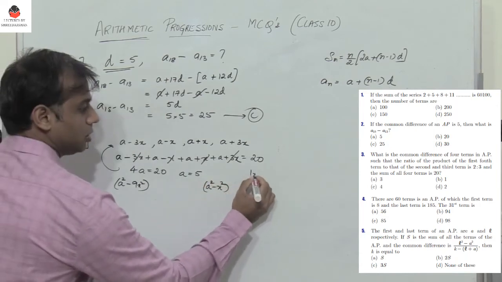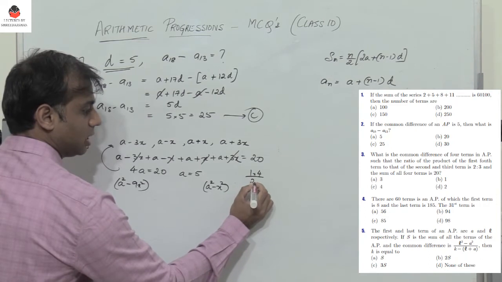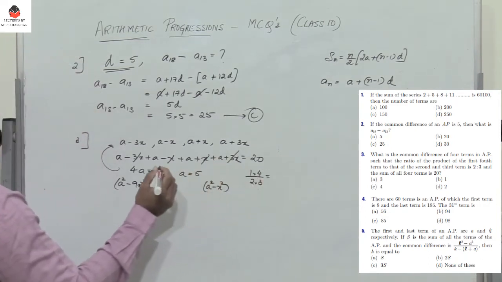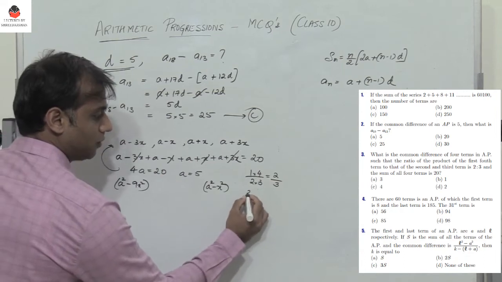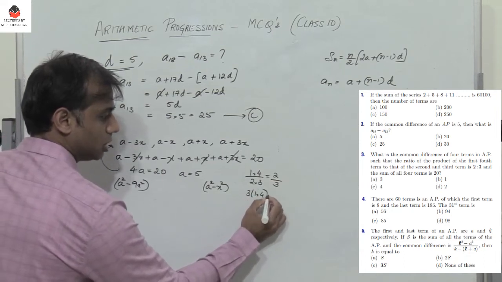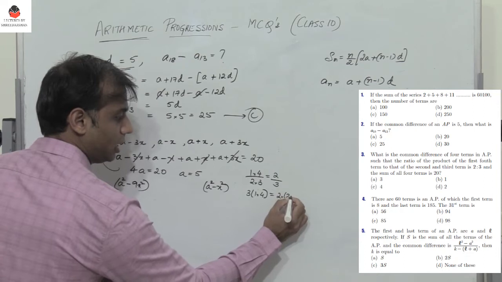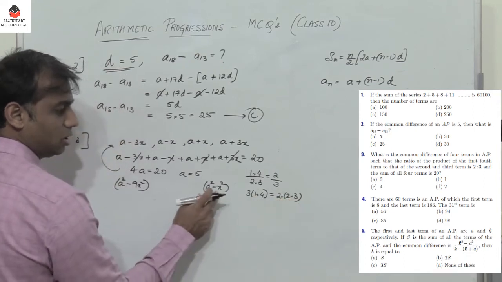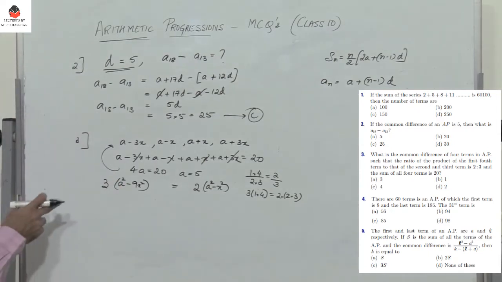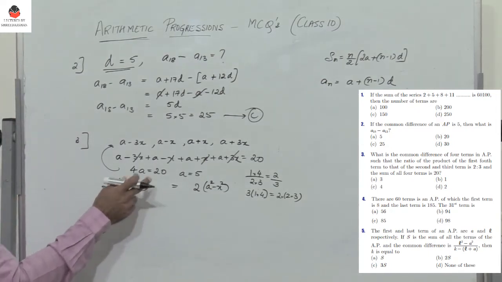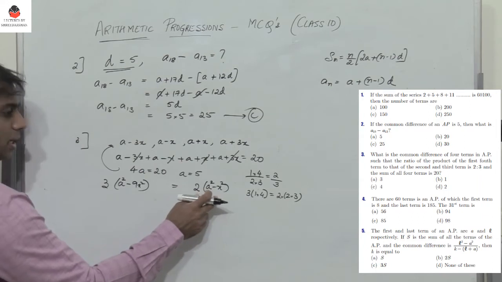So first into fourth term divided by second into the third term is nothing but equal to 2 by 3. So you have 3 into first into fourth term equals 2 into second into third term. So 3 into first into fourth term is equal to 2 into second into third term.